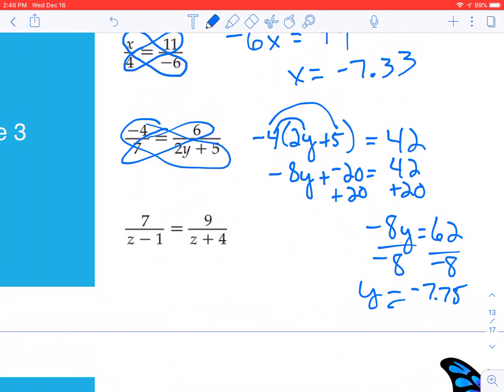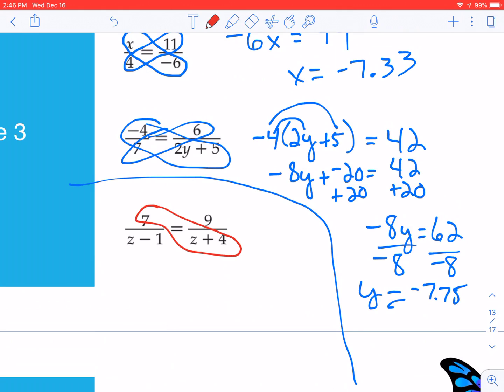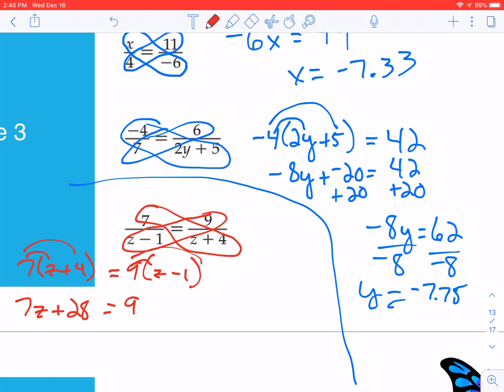All right, my last problem here. I'm going to try to create some room here and use a different color. So we have 7 times z plus 4 equals 9 times z minus 1. I'm going to distribute for both of these. 7z plus 28 equals 9z minus 9.